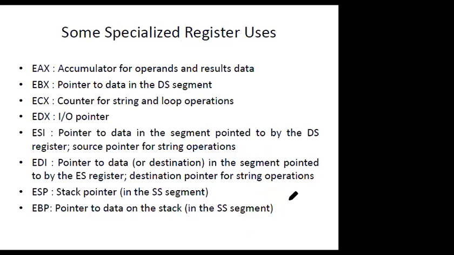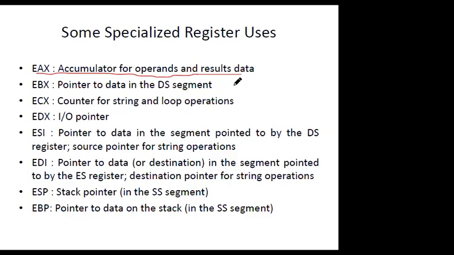Then there are some specialized register uses for every register. As we can see, EAX is an accumulator, and what is the job of the accumulator? From the very beginning of the concept of microprocessor, as you have studied from the 8085 microprocessor, the accumulator is the register where arithmetic operations and the results of the arithmetic operations are stored.